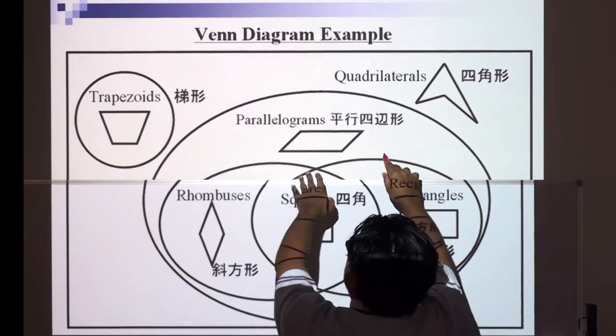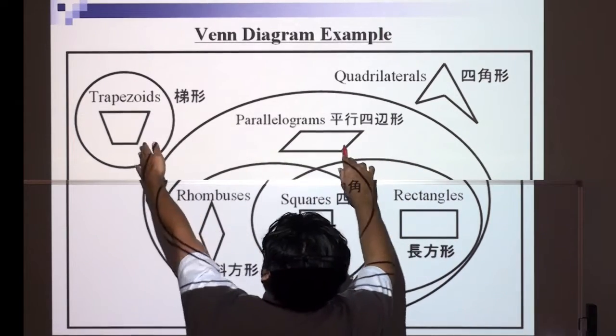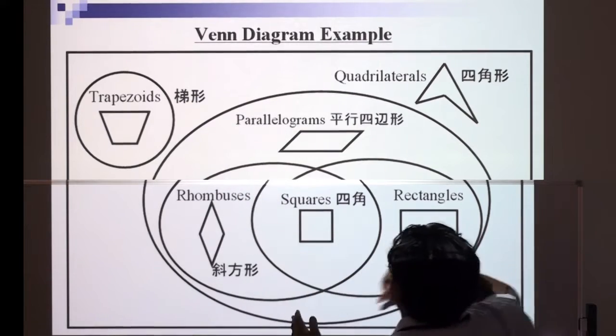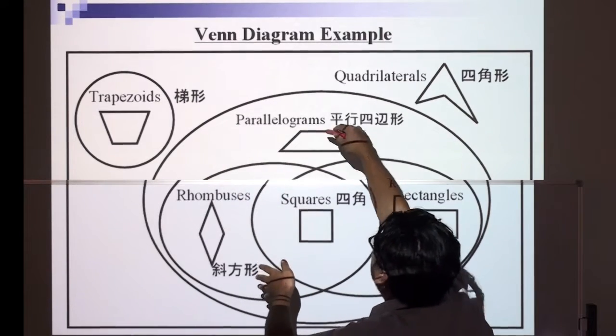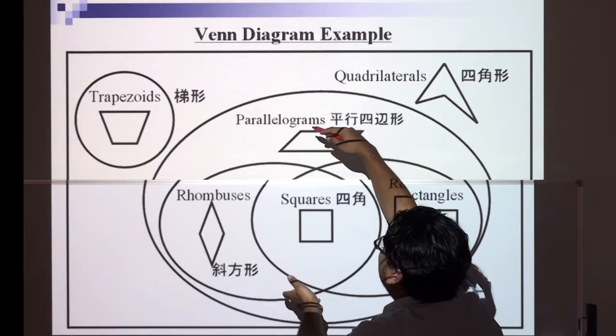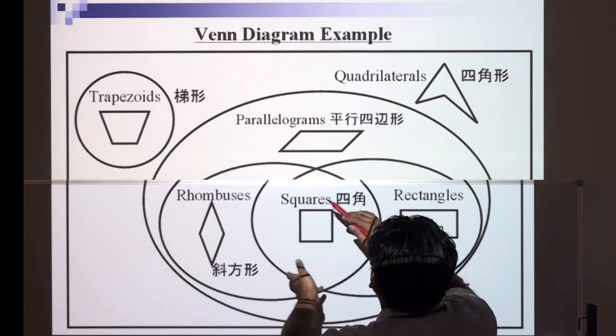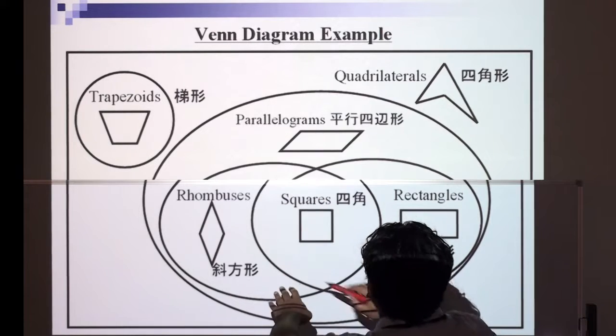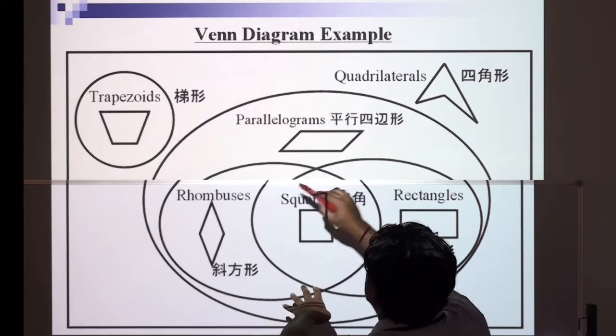But parallelograms have no relationship here to trapezoids. That has its own circle, and the circle is not touching the parallelogram circle. Now, under parallelograms, the types of parallelograms we have are rhombuses, squares, and rectangles. And squares are a combination of both rectangles and rhombuses.